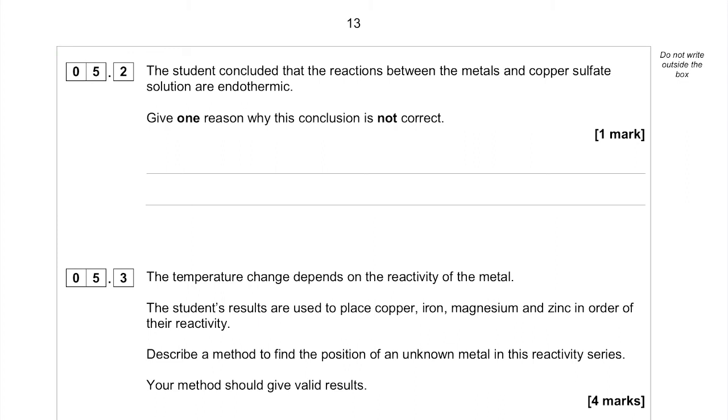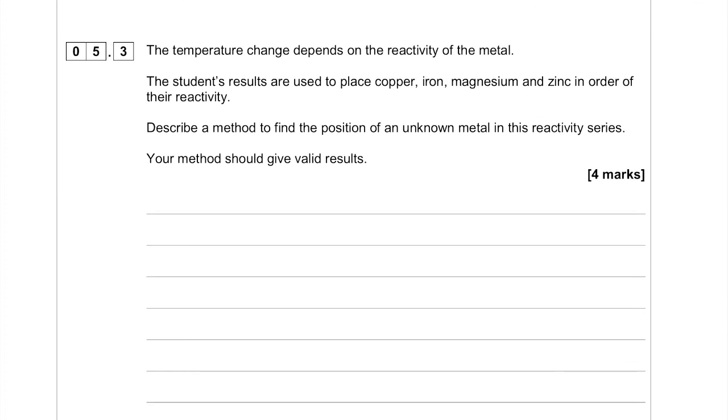So you can either say because the temperature increased or because the temperature didn't decrease. I'd say, if I can spell, temperature increased. So that's 1 mark. It's pretty simple.